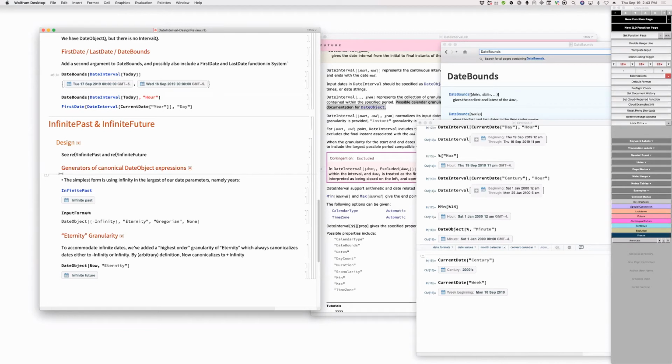We could have absolute time give a directed infinity value. And what's the eternity thing? So that's the granularity, because we didn't really want the notion to have date object of infinity comma instant. There isn't really a granularity associated with an infinite future, infinite past. And it also helps distinguish the form of it. It's essentially the largest possible granularity you have.